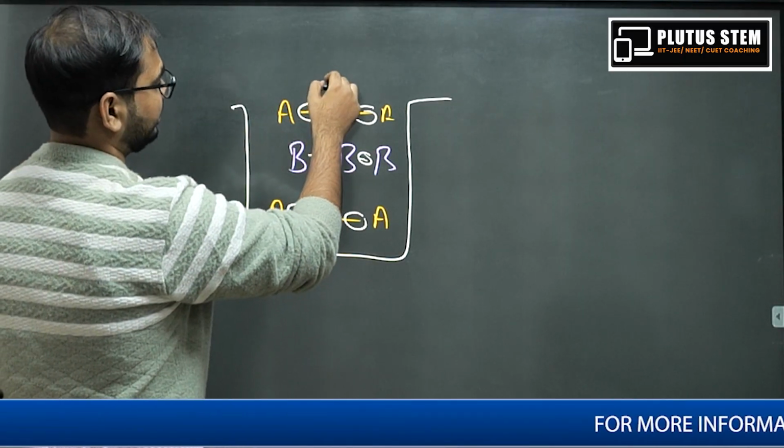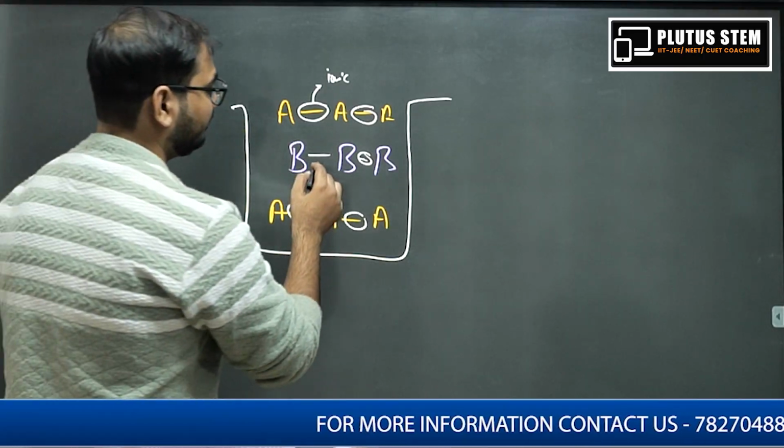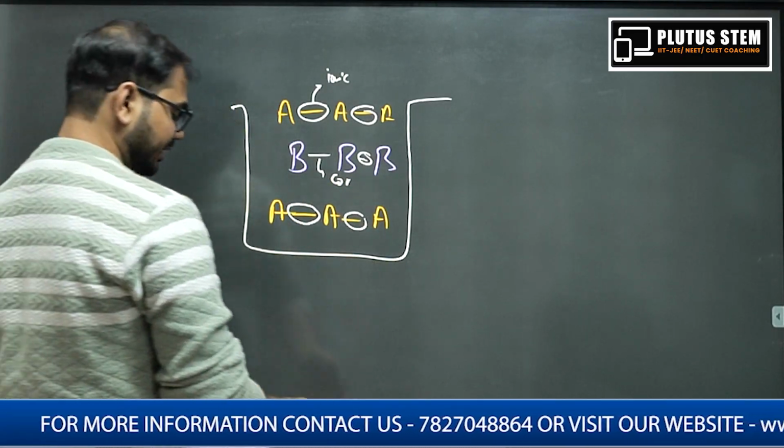That means if this bond is ionic, the other one will also be ionic. If in the solute this one is covalent, then in the solvent the bonds will also be covalent in nature.